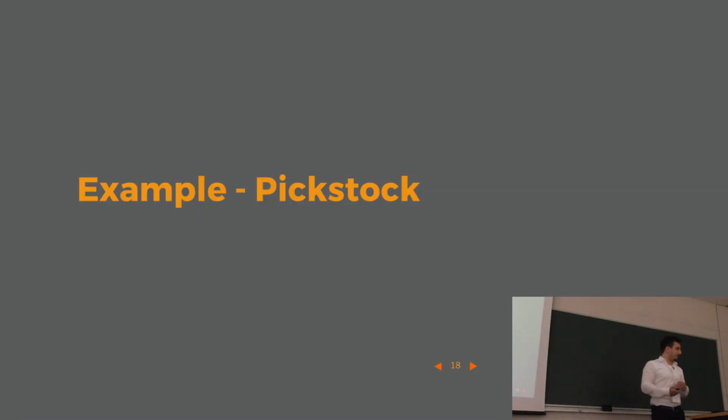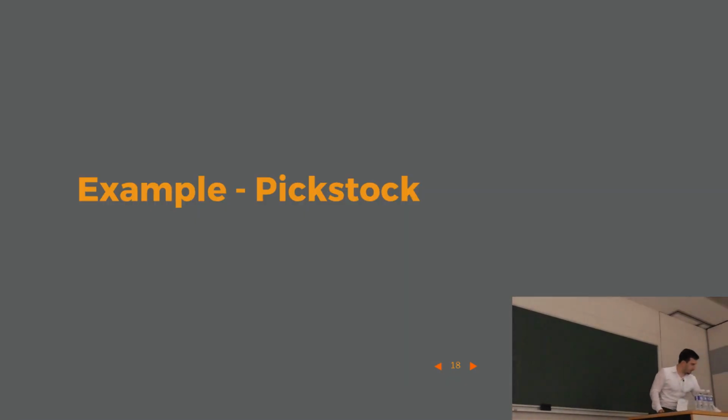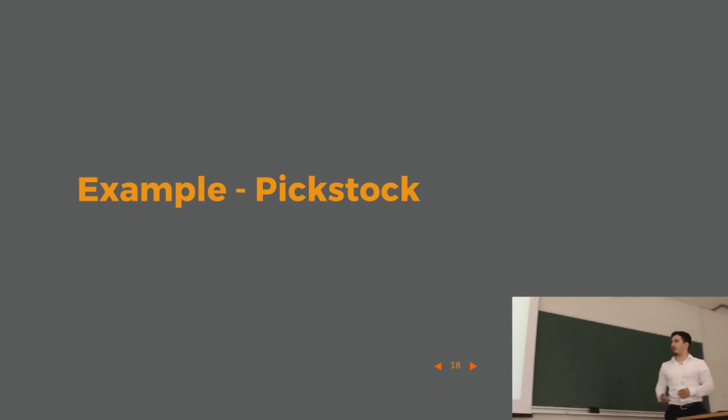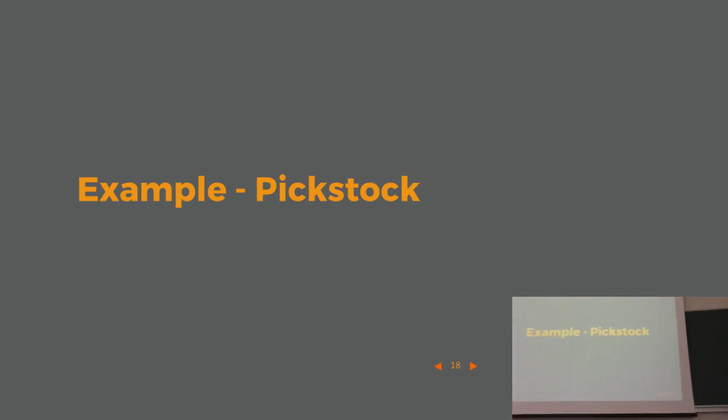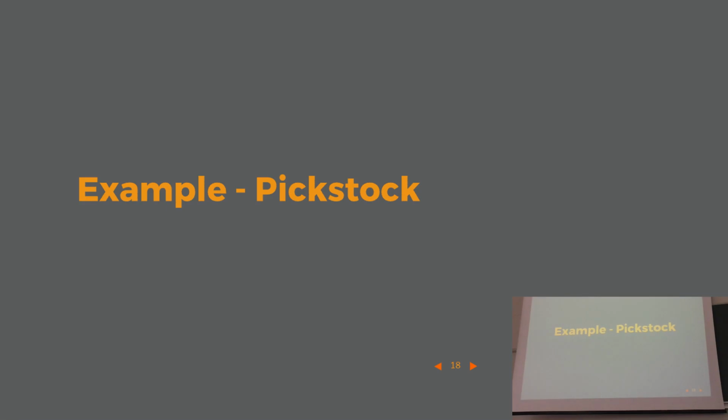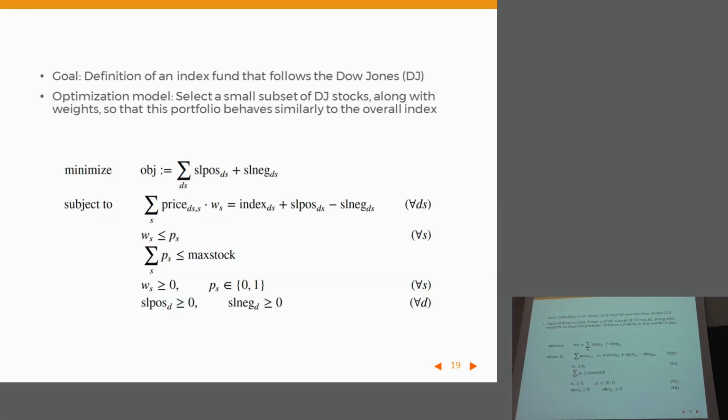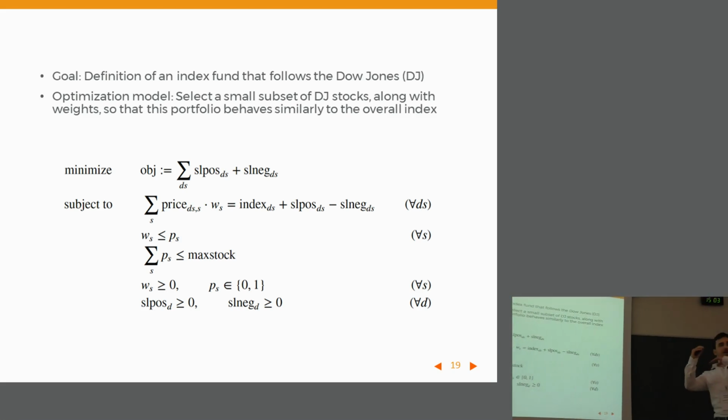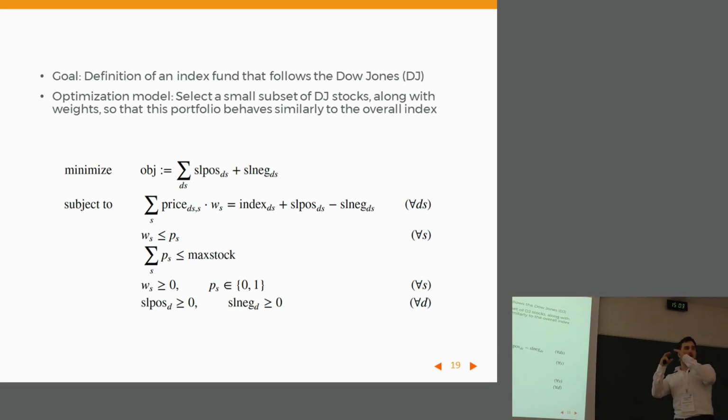Okay, I'll now come to the demo part of my presentation. So I want to do this by giving you a quick example that is easy to understand. This model is basically trying to approximate the Dow Jones index with a certain given number of stocks.